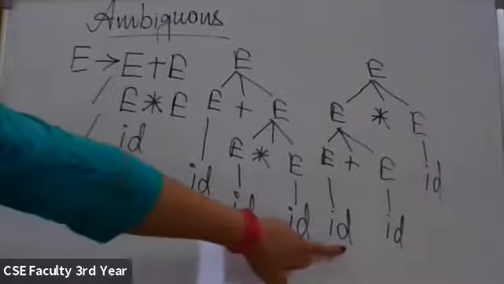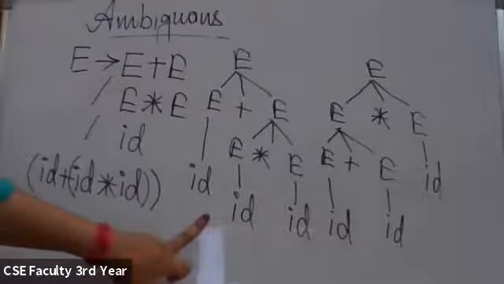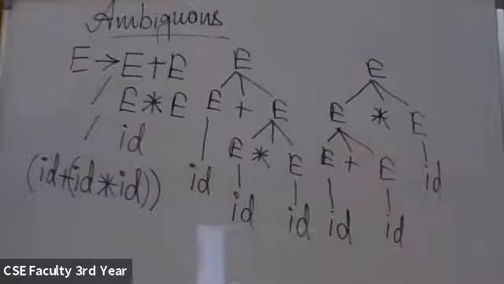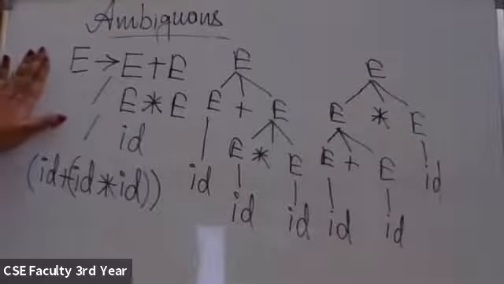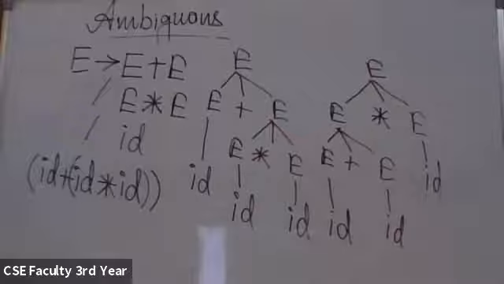So clearly this parse tree is wrong and this is the correct one. But this is not specified in the grammar. That is why two types of parse trees are coming up. That means the second problem is that the precedence is not taken care of in this grammar. Not just associativity, but also the precedence of the operators is not taken care of.